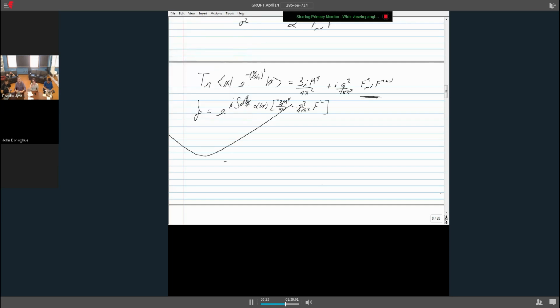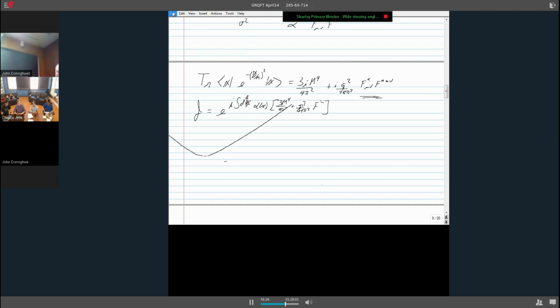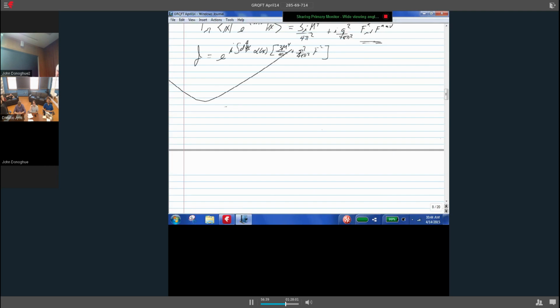So this Jacobian is e to the i integral d4x alpha of x times this 3 m to the fourth over 4 pi squared plus g squared over 48 pi squared f squared. All right, so there's a Jacobian, and that's the hard work. And now let's go back to the test.